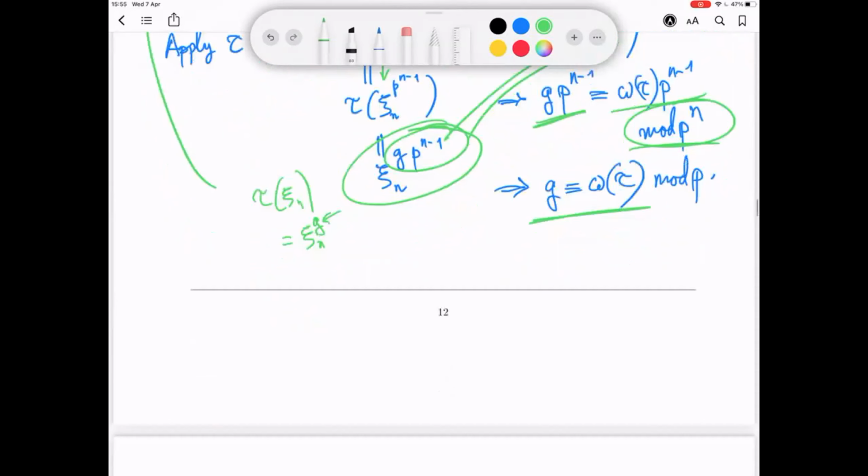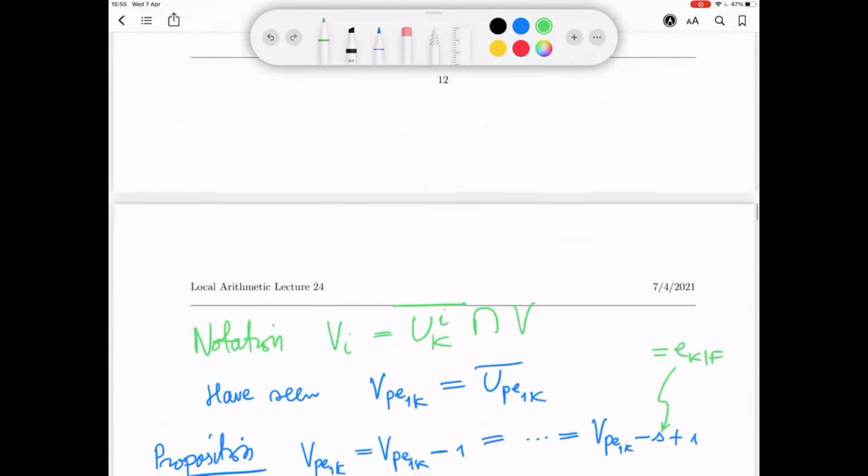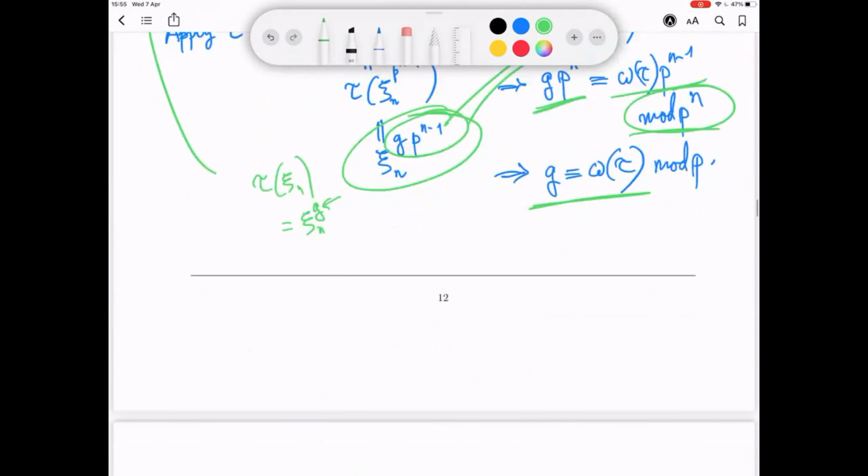So that's the proof, because that means that delta acts on mu bar through omega. This is what we have proved. And this implies that this mu bar is contained in V.